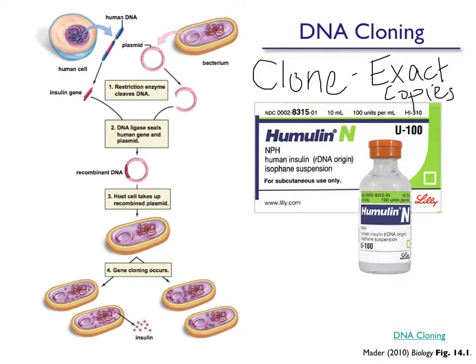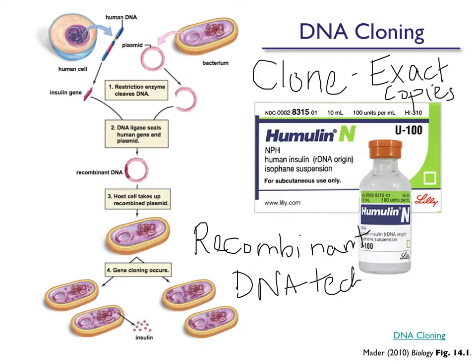And when we're talking about the use of it in biotechnology, we'll talk about two different tools that can be used to clone genes. The first is called recombinant DNA technology, which is shown in this picture here.